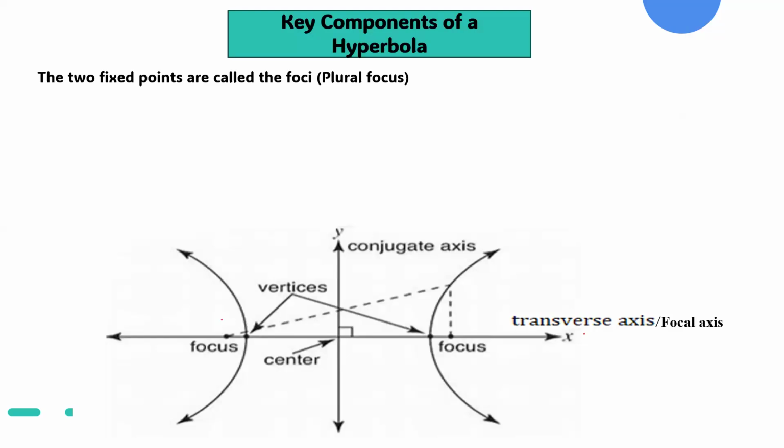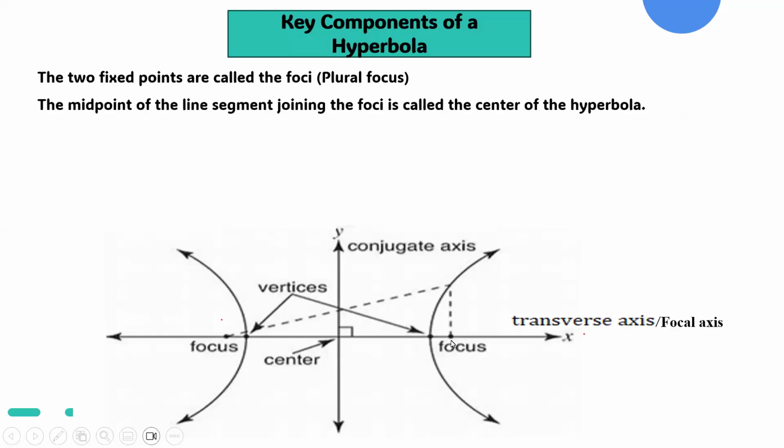So here we're seeing that the two fixed points are called the foci, which is the plural for focus. So we have one here and we have one here. The midpoint of the line segment joining the foci is called the center of the hyperbola.